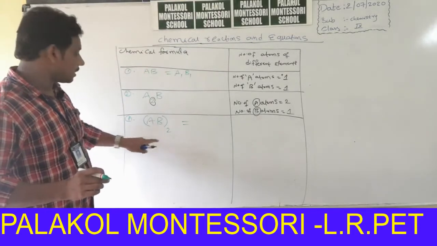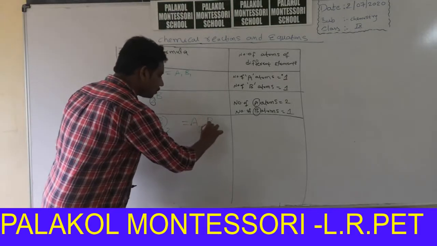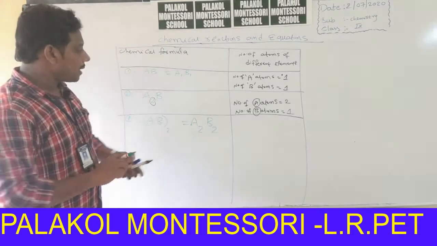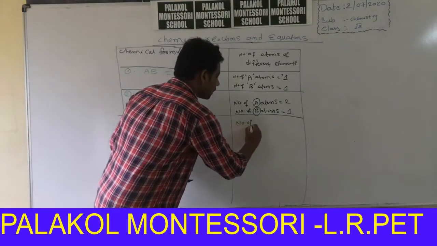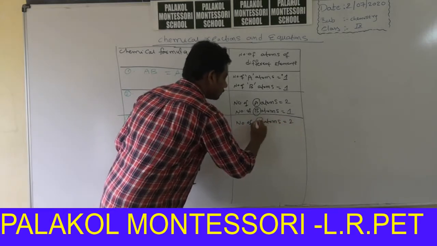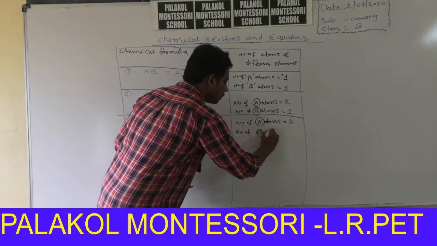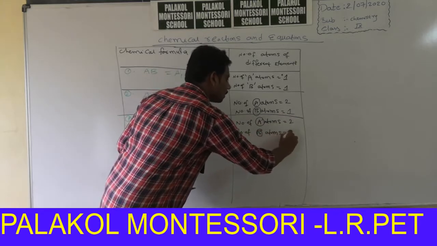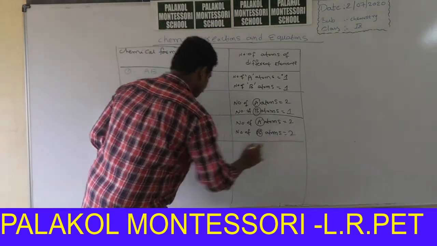Taken 2 means twice. It is nothing but A into 2, A2, B into 2, B2. Number of A atoms equals 2. Number of B atoms equals 2.